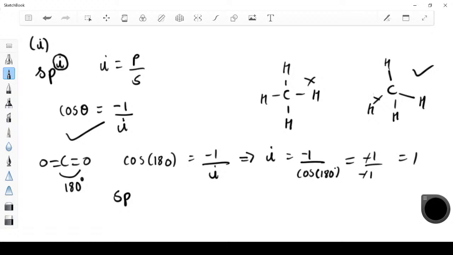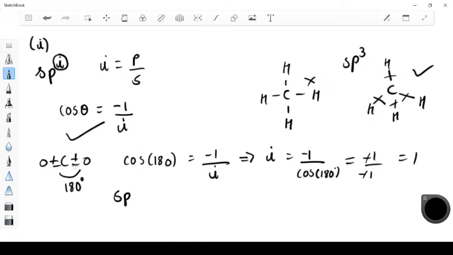So 1, 2, 3, 4. That is s, p1, p2, p3, sp3, which is correct. And here, let's say CO2, s, p.